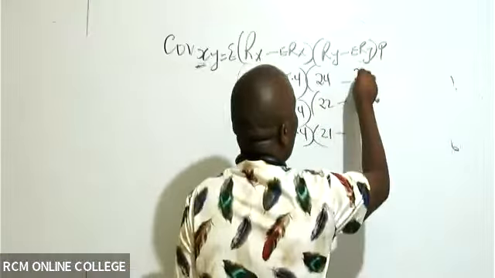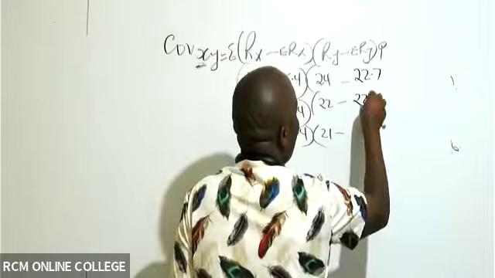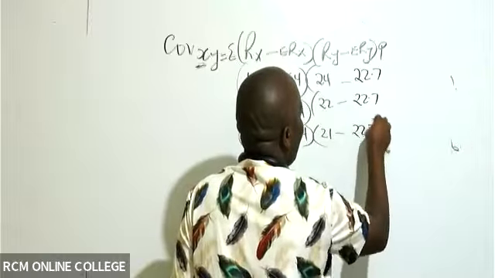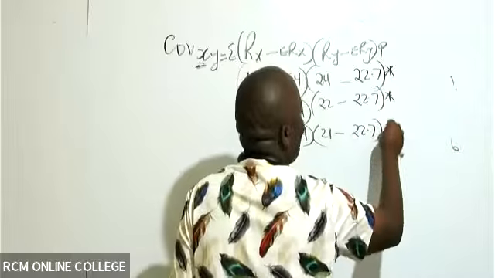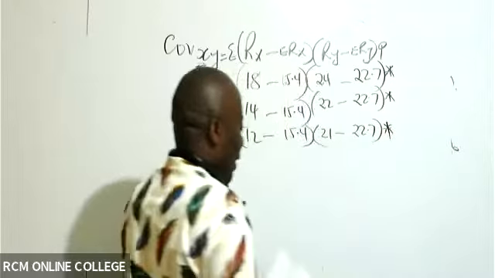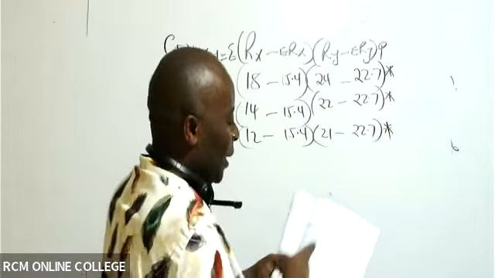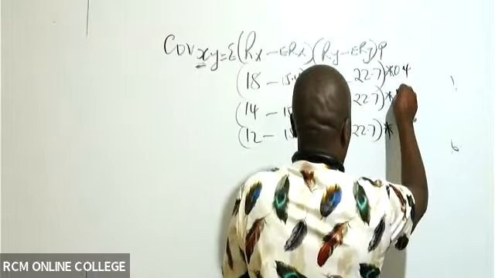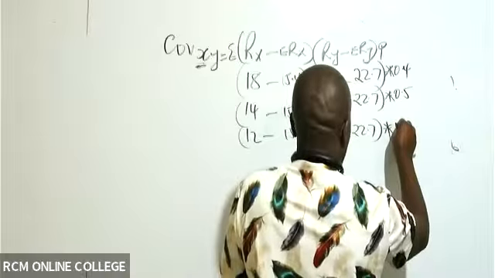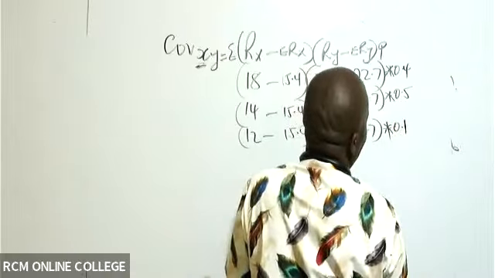So we have 22.7, 22.7, 22.7, like that. The probabilities are the same ones you are using constantly: 0.4 in the first column, 0.5 here, and 0.1 there.